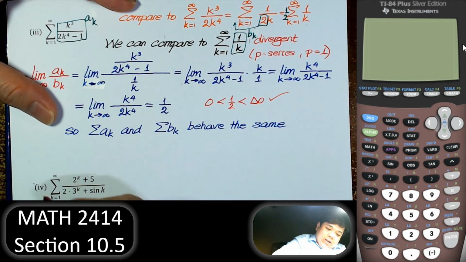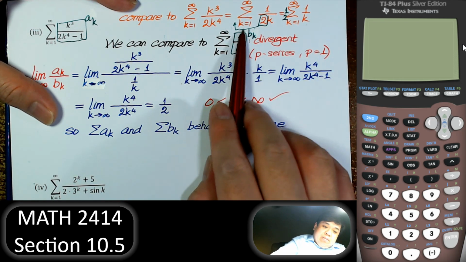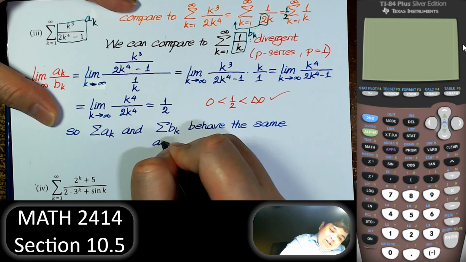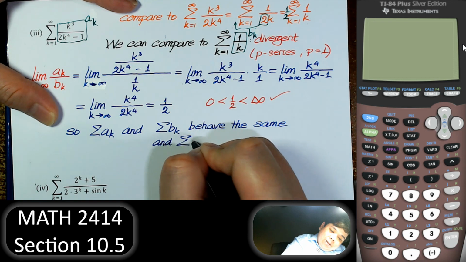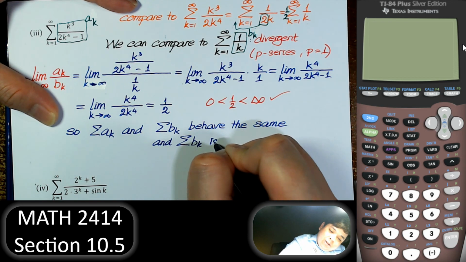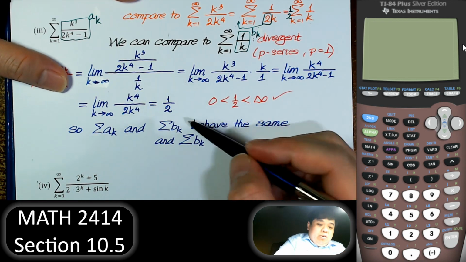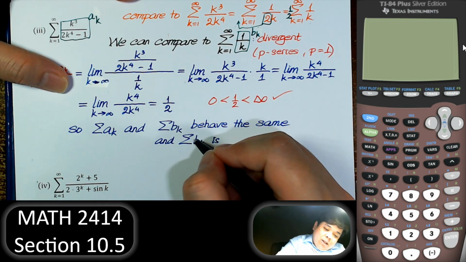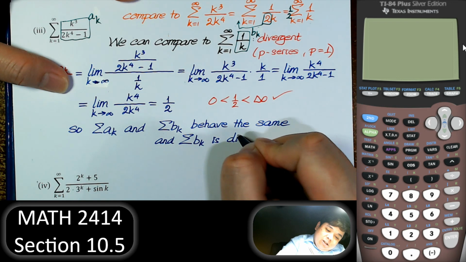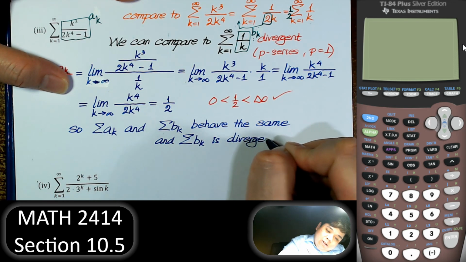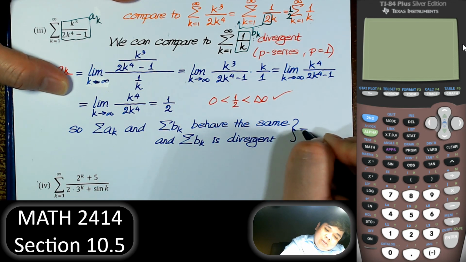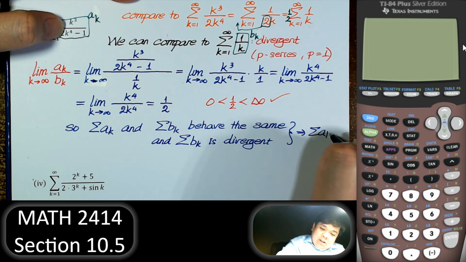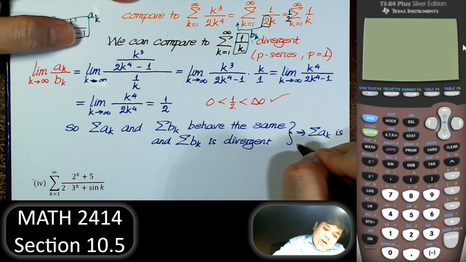And so they behave the same, and b of k is divergent. Usually by default we don't need to write the limits. So b of k is divergent. So the series a of k, this one, is divergent too.